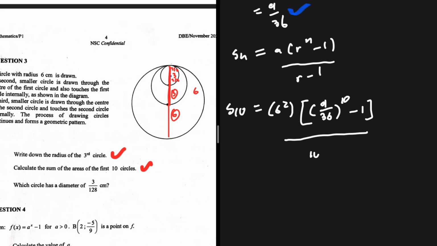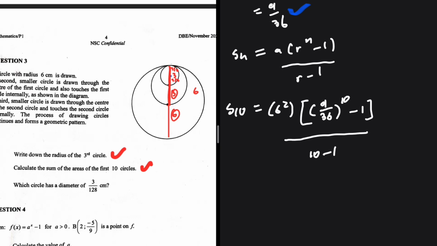So I just need to put that in my calculator: 6 squared, that's 36, multiplied by 9 over 36 to the power 10, minus 1, divided by 10 minus 1.